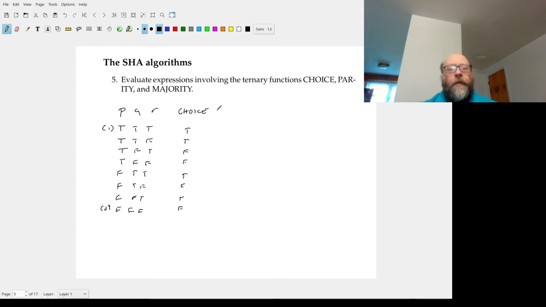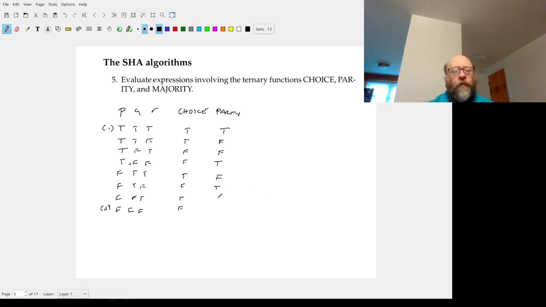Parity just records whether the number of trues is odd or even. So three trues is the same as one true. Two trues is the same as no trues, so those would be false. One true is true. Two trues is false.